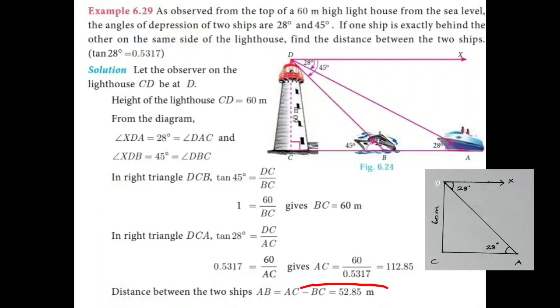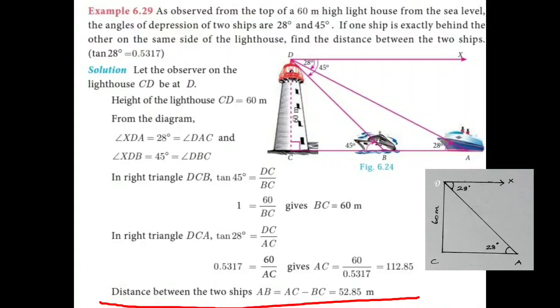AC is equal to 60 divided by 0.5317. Then after simplifying we get AC is equal to 112.85.